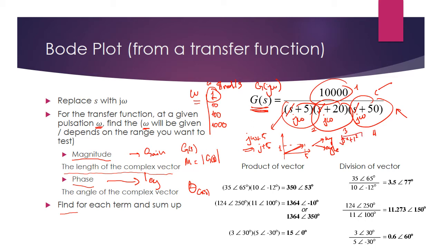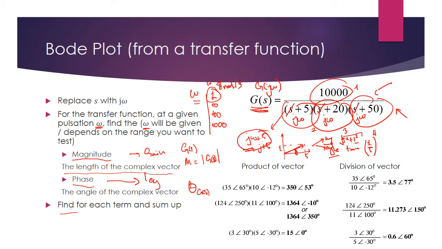And what about the angle? The angle is basically this angle. You can find it by arctangent, because the tangent of this angle is basically 1 over 5. So it's the arctangent of 1 over 5. So now you have the magnitude and the angle of this first term, j omega plus 5.